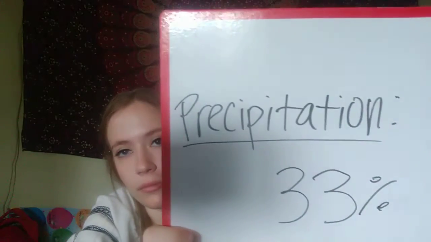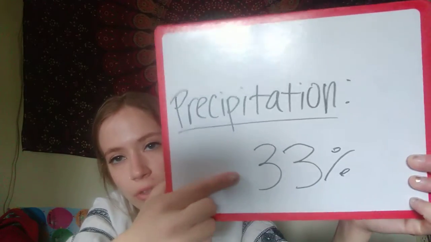Precipitation, 33%. So we have a 33% chance of rain today, which is silly that they gave Wednesday a weather picture, because that's not very much. I think it's going to be mostly cloudy today, but it could rain.